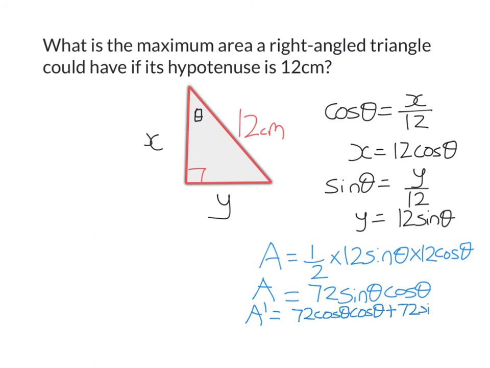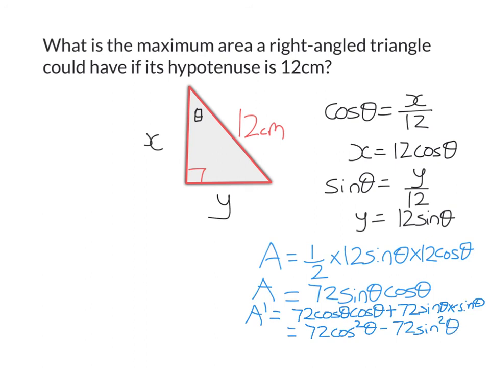Remember the derivative of cos is minus sine theta. So what I actually get here is 72 cos squared theta minus 72 sine squared theta.